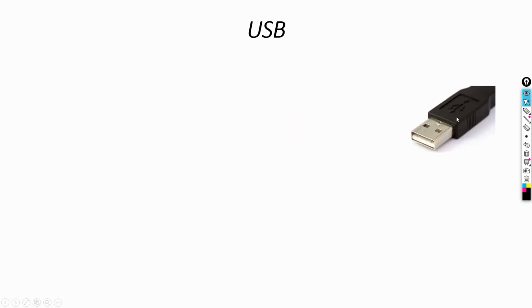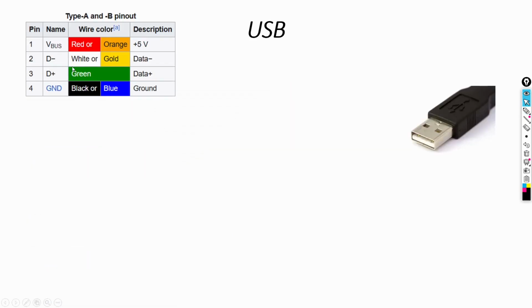If you want to see the colors of the pins, data minus is white and data plus is green. Now what we'll do in this session: this is the USB, and we have 2 pins, data plus and data minus.